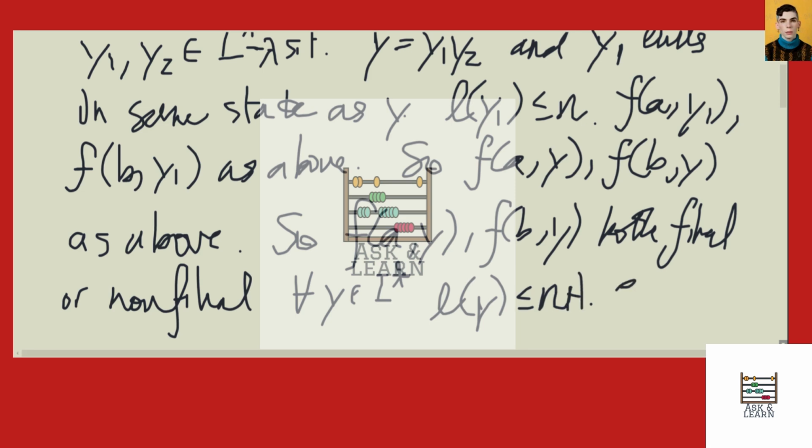And therefore, it follows that a is n plus 1 related to b. And therefore, it follows that E is an n plus 1 equivalence class of M.